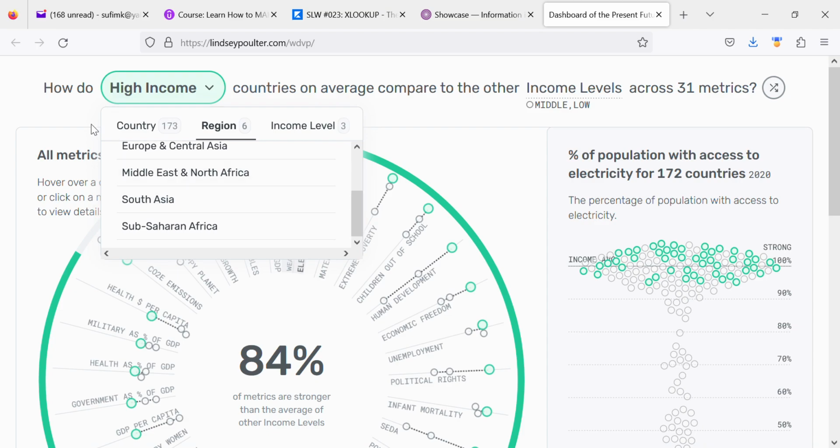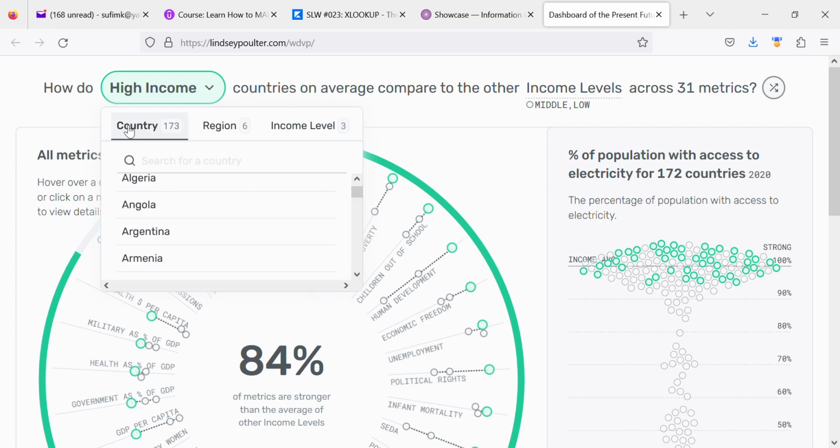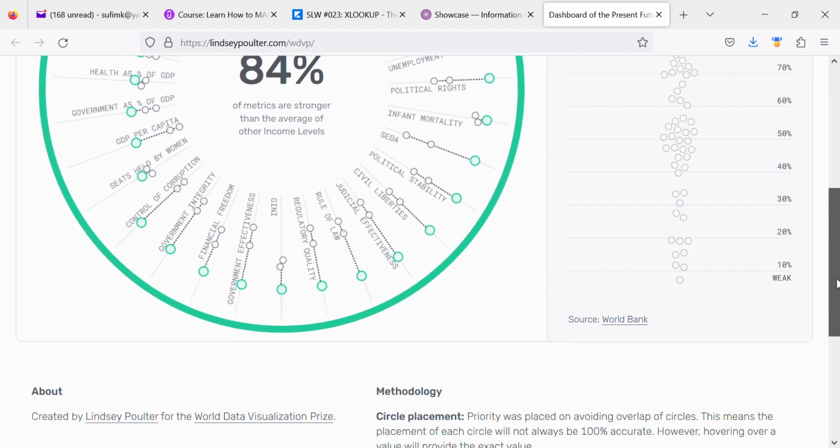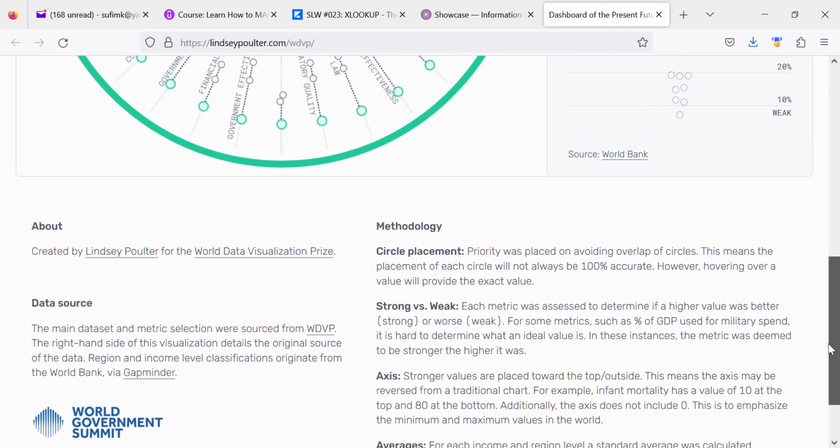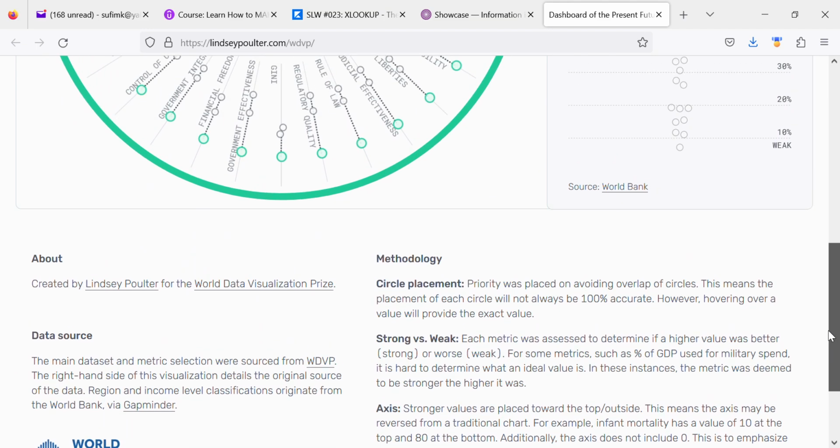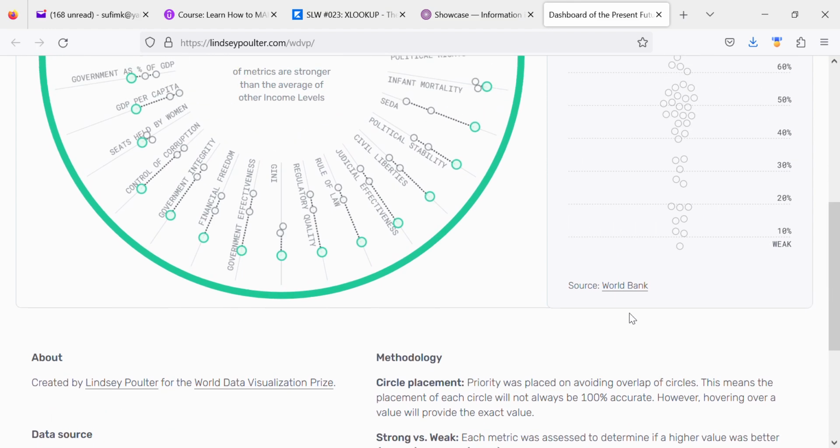By countries, it has considered data for 173 countries. In terms of the source, it has used different data, for example from the World Bank.